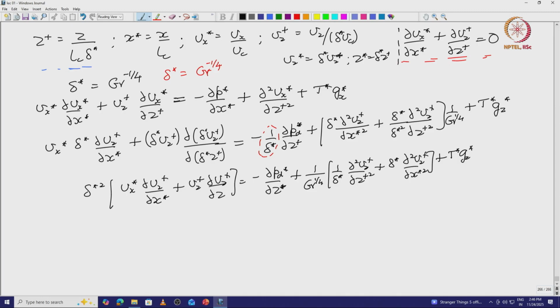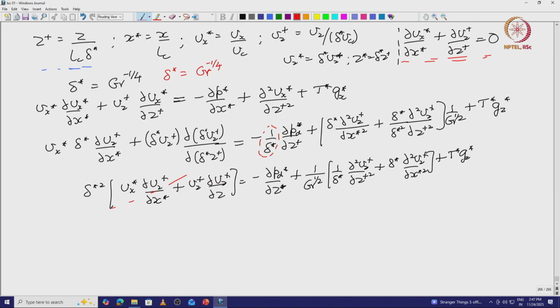This should be a Grashof power 1/2. Please correct that. And if you substitute delta as Grashof power minus 1/4, you can see that delta square is 1 by Grashof power 1/2. So, this entire term is small compared to the pressure gradient.